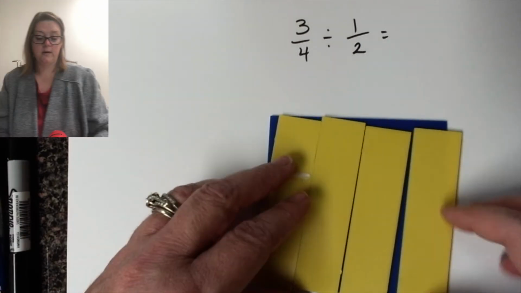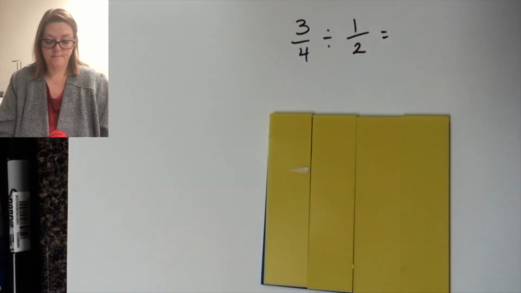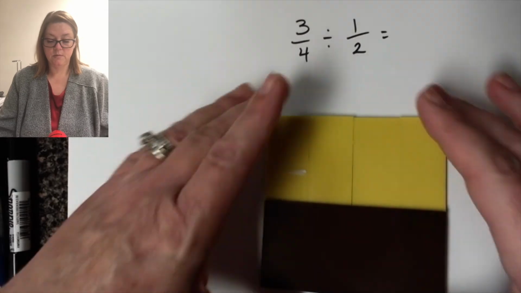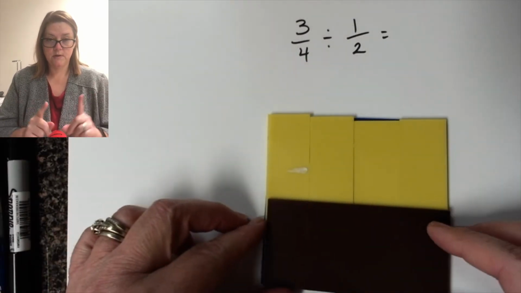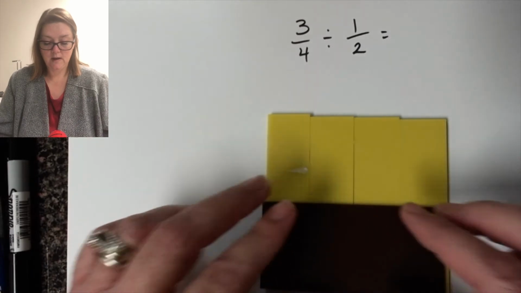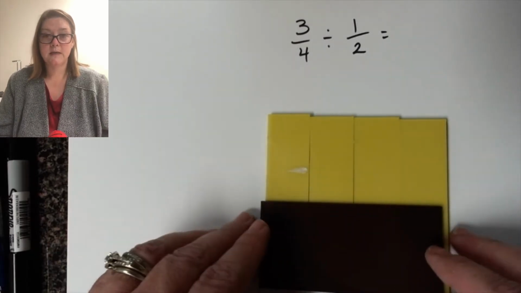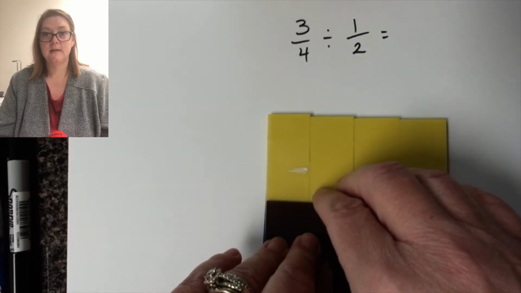I'm going to go ahead and look at 4/4, and I'm going to look at it being divided up into a half. So how many groups of a half are in 3/4?